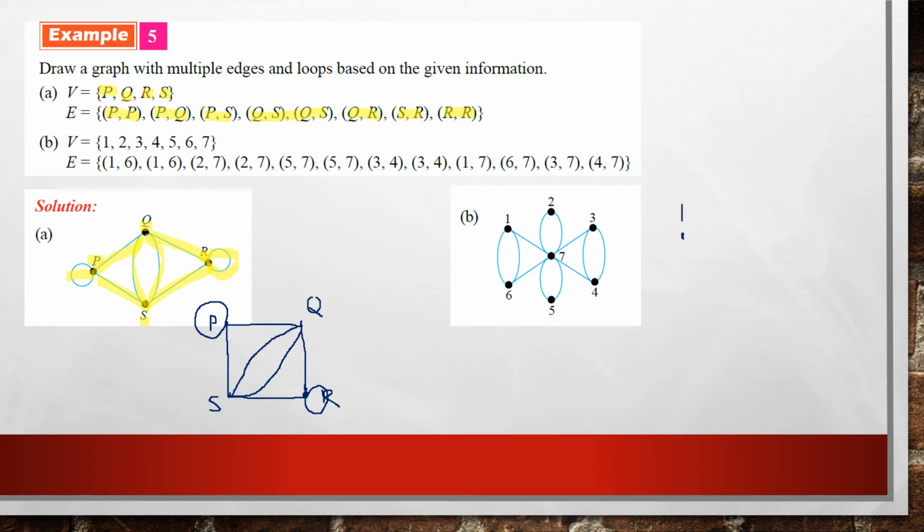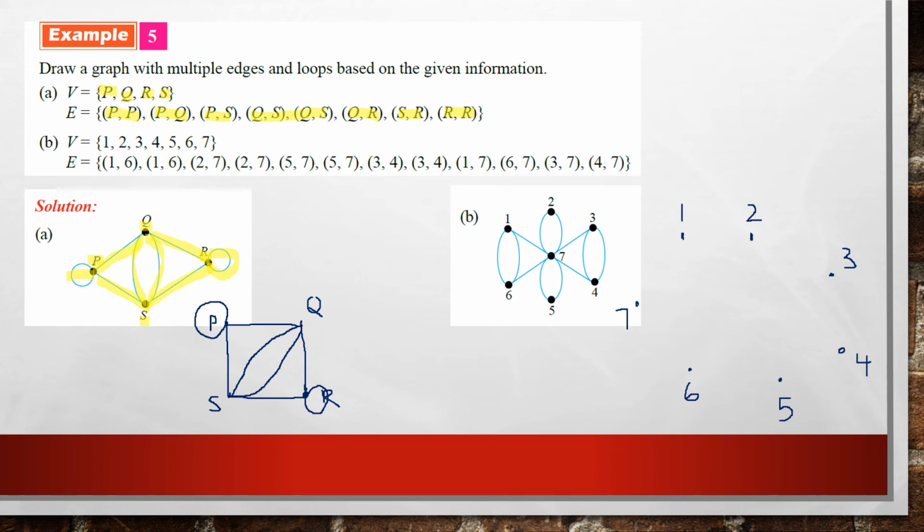Okay, you can have here 1, you can have here 2, here 3, next 4, 5, but must follow the condition given. 6 and 7. Okay, total vertices.